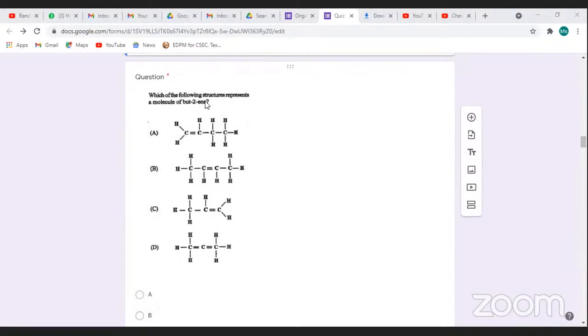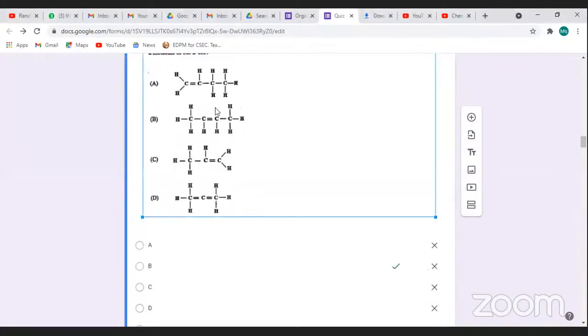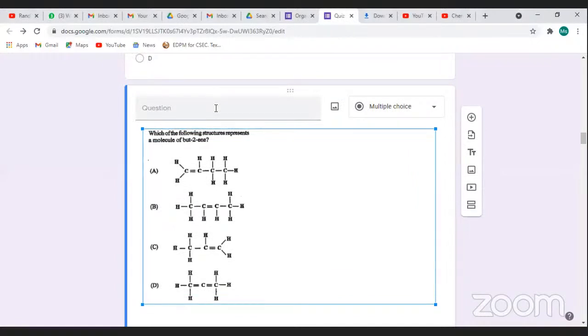All right. Which of the following structures represents butene? Which one is butene? A, B, C, or D?